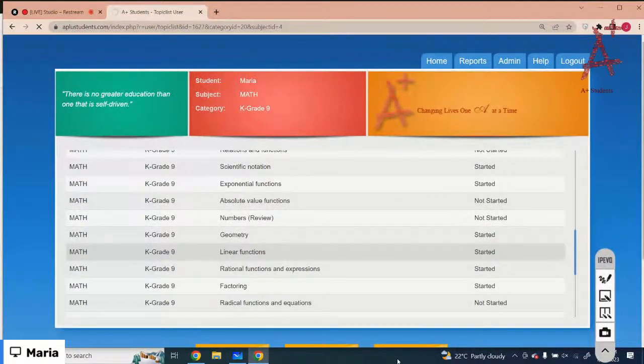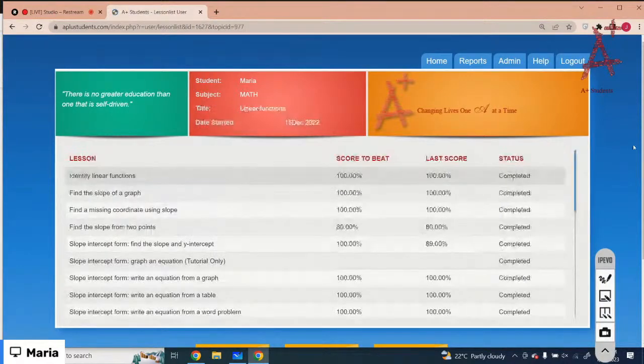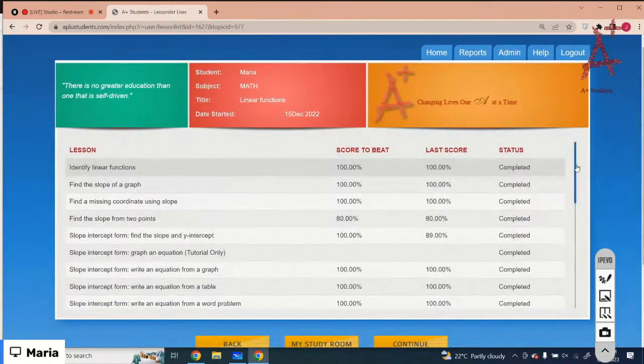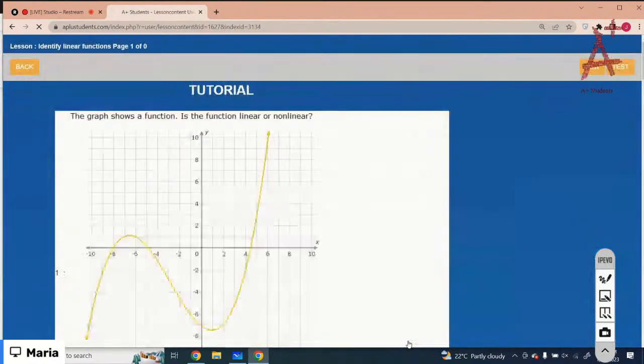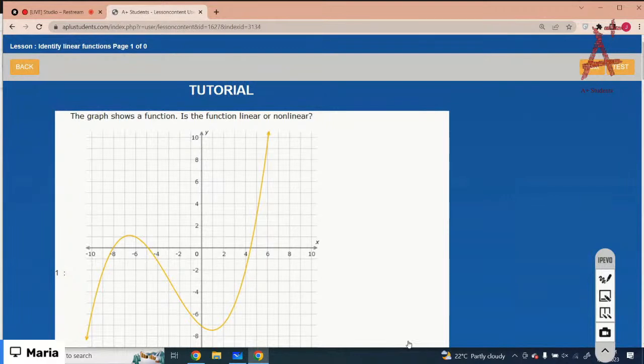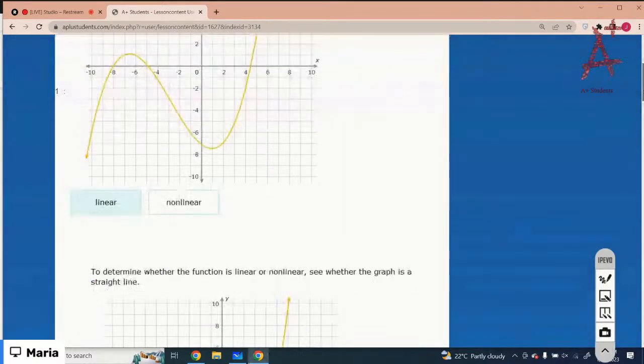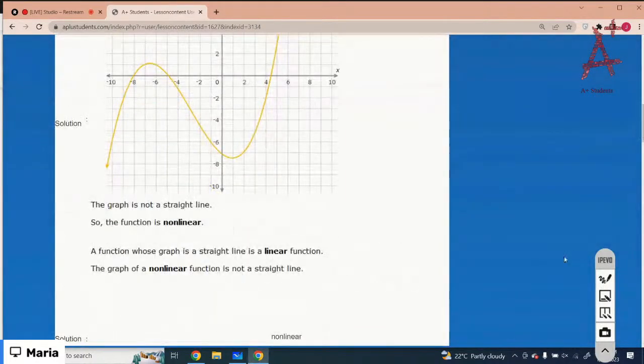So the linear functions are the functions that have the graph as a straight line. Got it? If you have to identify what are the linear functions, the very basic thing you have to learn about the linear functions is a linear function is a function whose graph is a straight line.